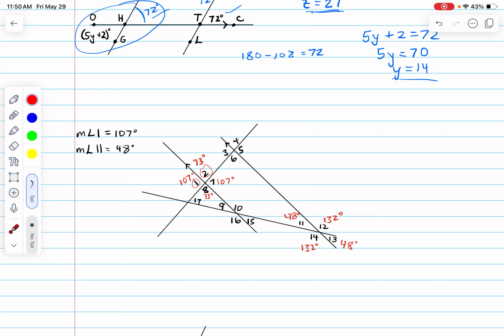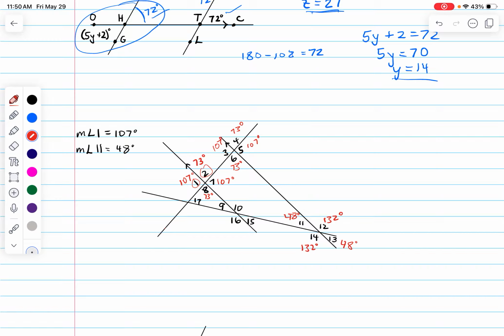Angle 3 corresponds to angle 1. That's 107. Angle 4 corresponds to angle 2. That's 73. And then this is 73, and angle 5 is going to be 107. Those are just corresponding angles there.